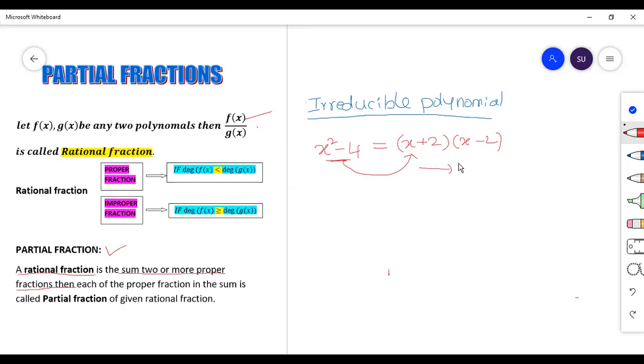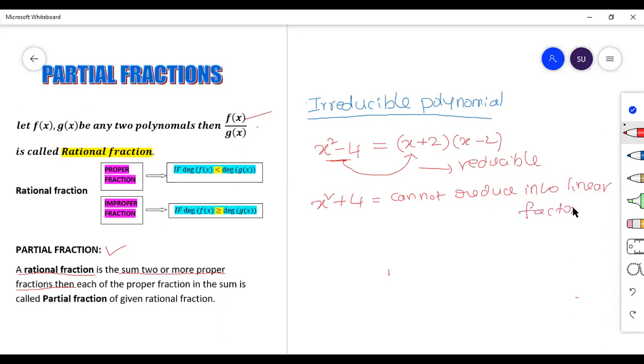This is called a reducible polynomial. Then what about irreducible? Suppose I write simply x square plus 4. Can we reduce it further? We cannot. For real factors, we cannot reduce it further into linear factors.